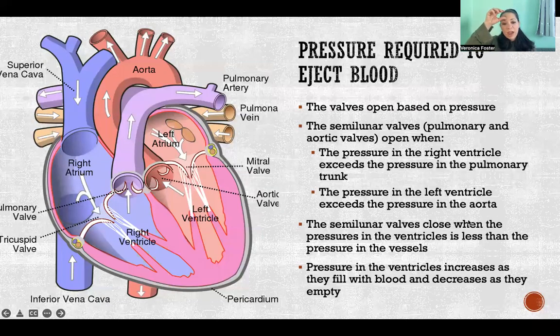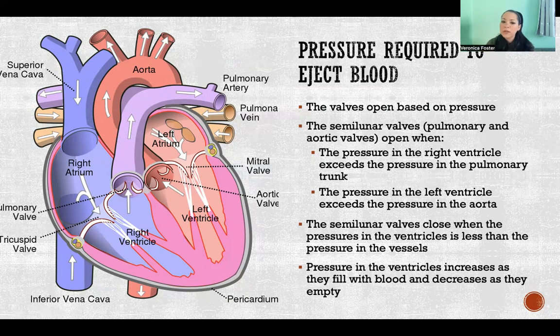Okay, the final factor is kind of the most difficult to wrap your head around. So the valves, the semilunar valves, we're referring to the pulmonary and aortic valves, the valves that separate the ventricles from the large vessels into which they're pumping their blood. So those valves open only when the pressure in both ventricles exceeds the pressure in the vessels into which they're pumping.